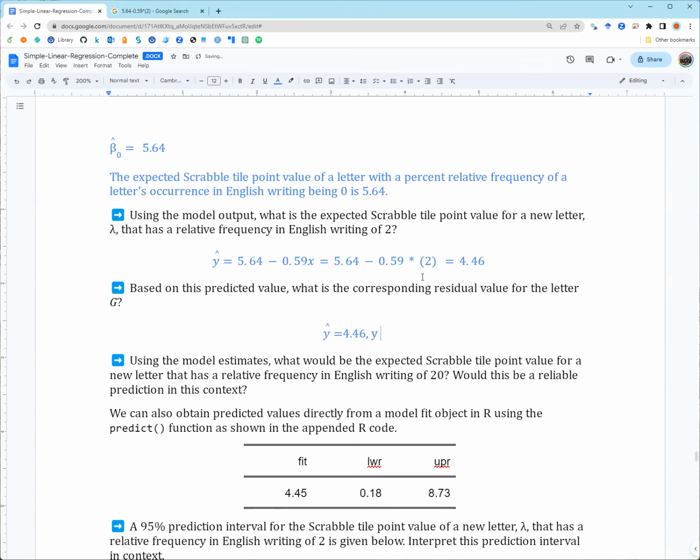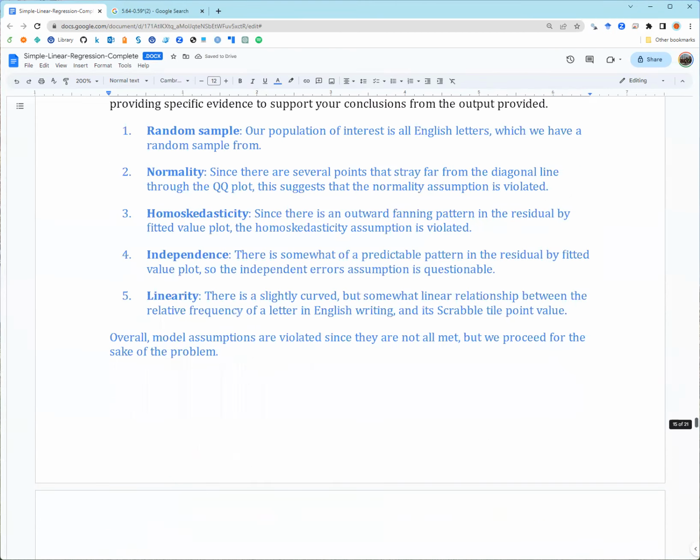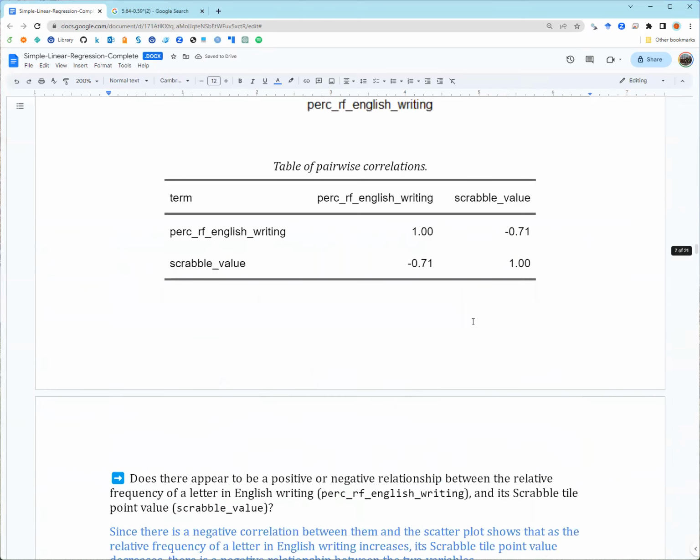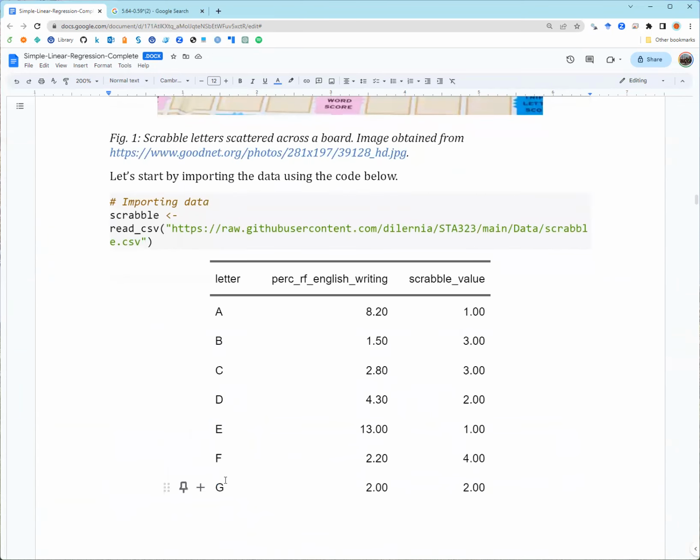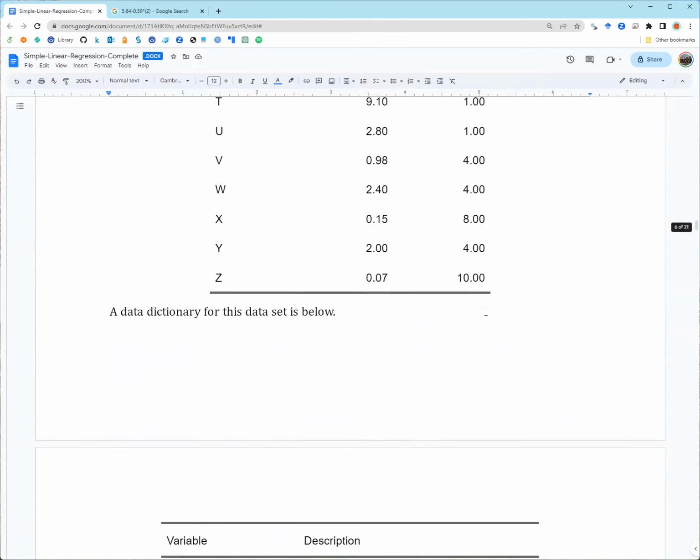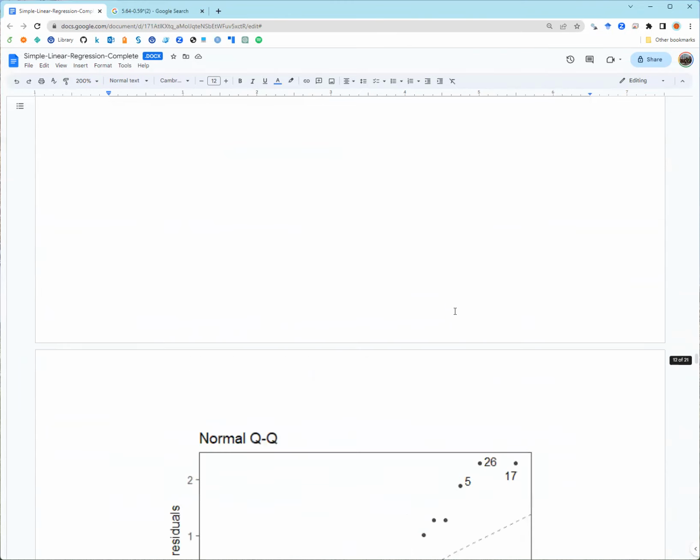Its actual Y value is 2. Because if we look up here at G, it's right here. This 2, not this one. This 2 is the actual Y value.